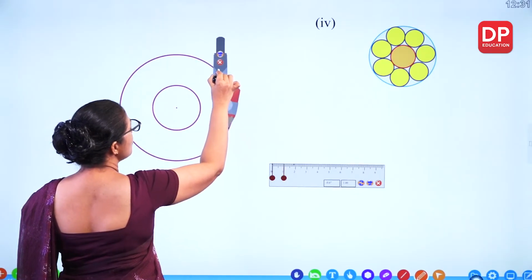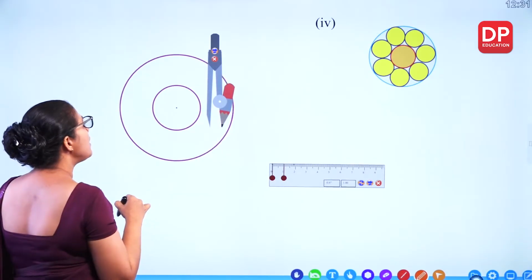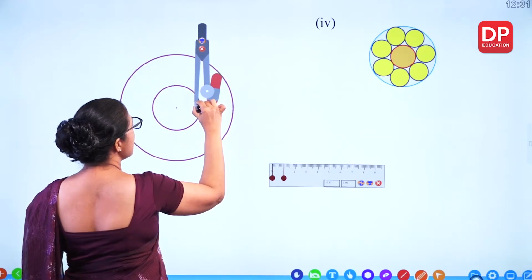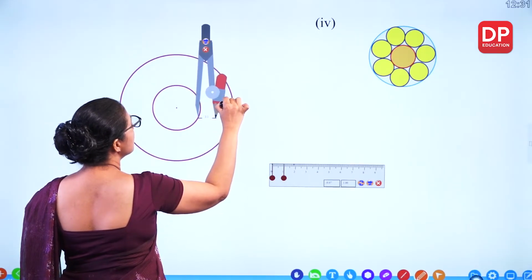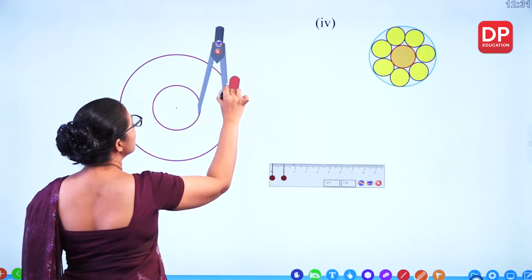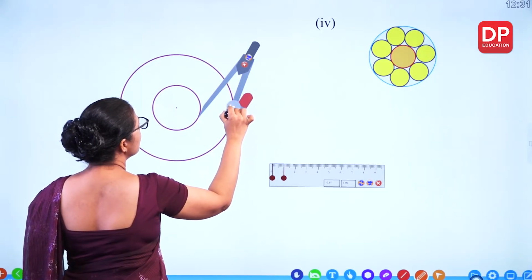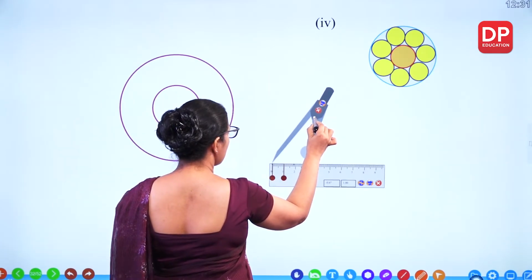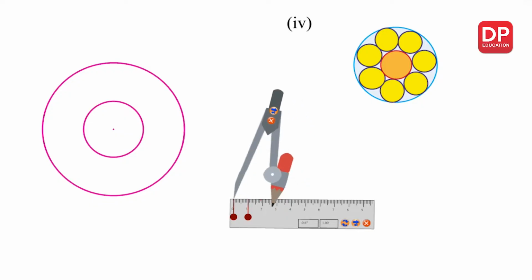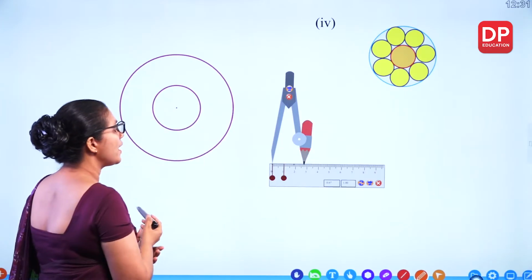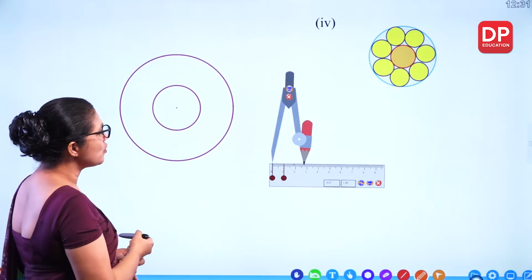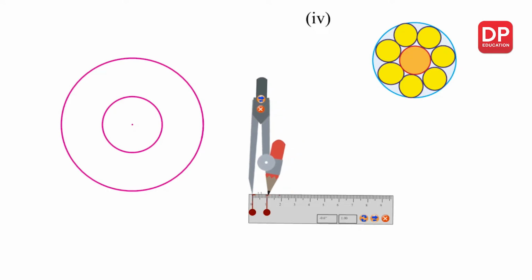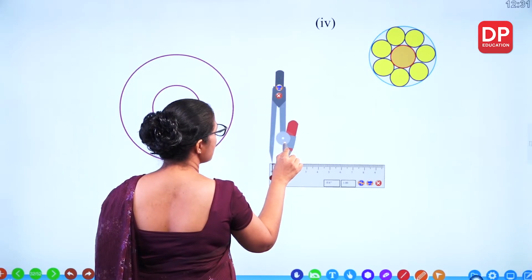So what we can do, we'll check whether the length is, what's this length here? This length. That's like 2.2 divide by 2, 1.1.